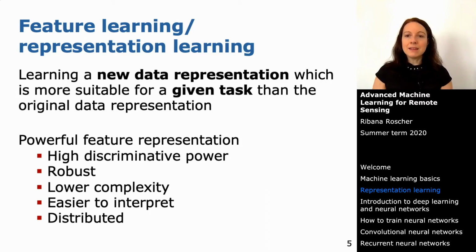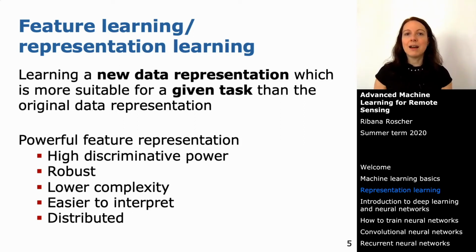Lower complexity, mostly related to that if you have input data with a high feature dimension, you want to have it afterwards with a lower dimension, that means a lower complexity. Easier to interpret.